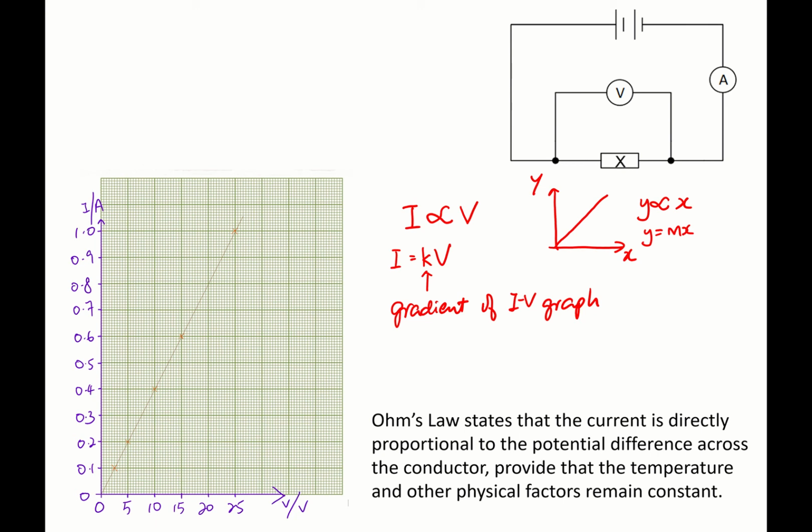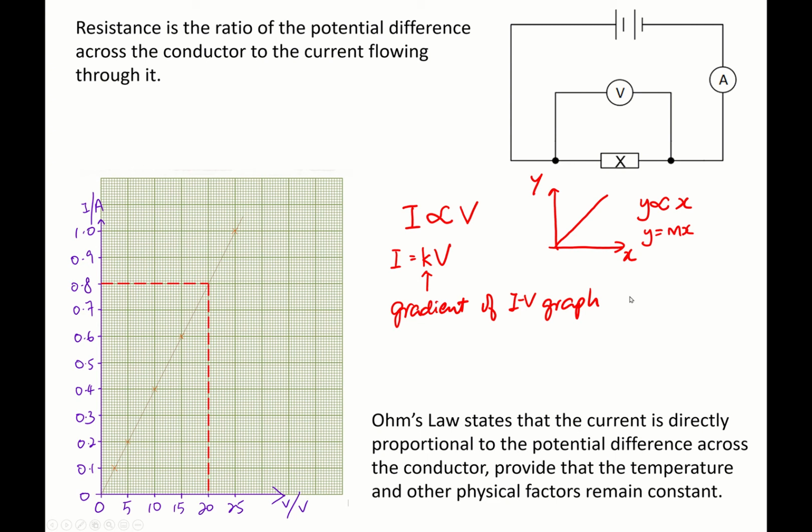So how is it easily confused with resistance? Now, to calculate resistance, I need to first identify a coordinate on the line and then get the corresponding V and I value. And in this example, V equals 20 and I equals 0.8. And from an earlier video, we learned that resistance is actually the ratio of the potential difference across the conductor to the current flowing through the conductor.